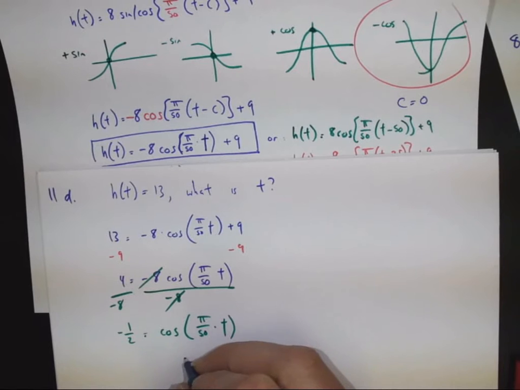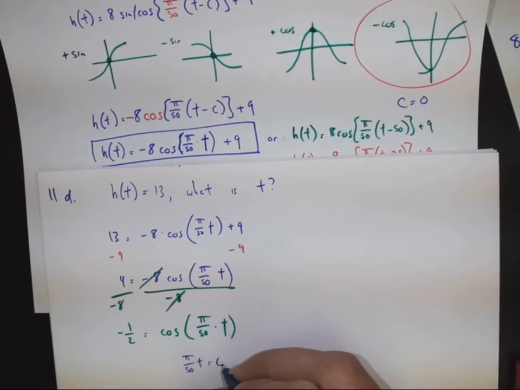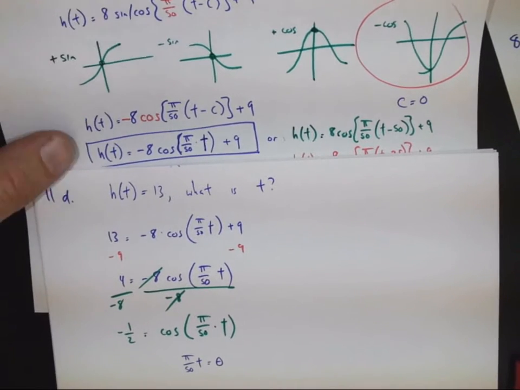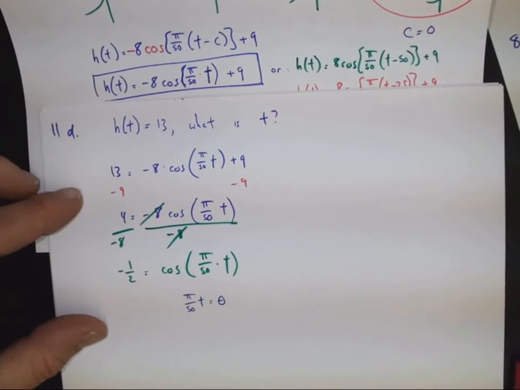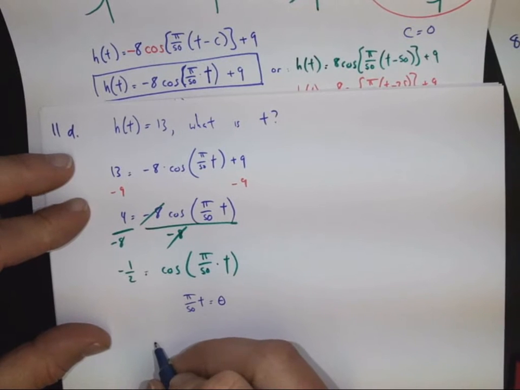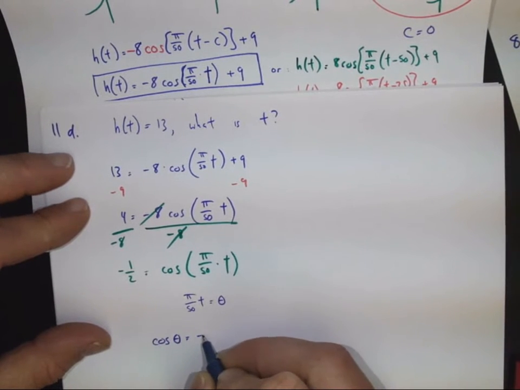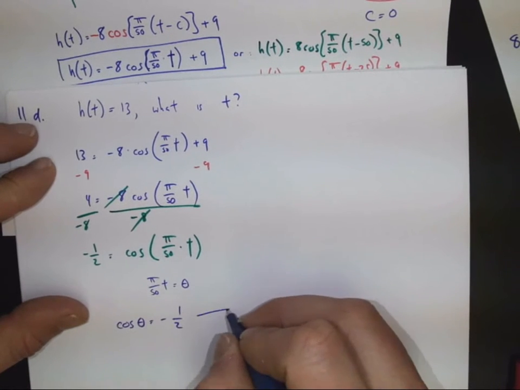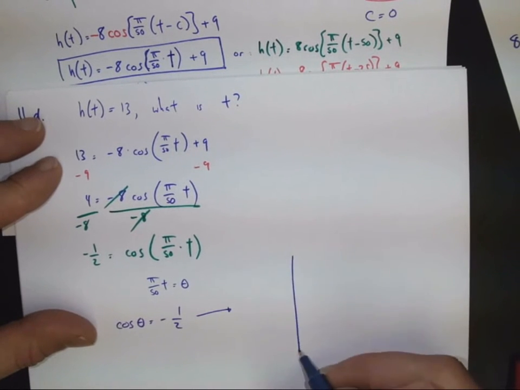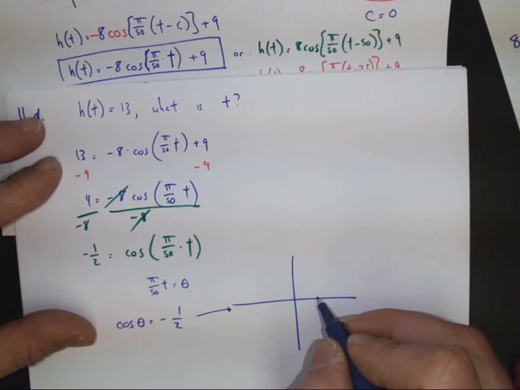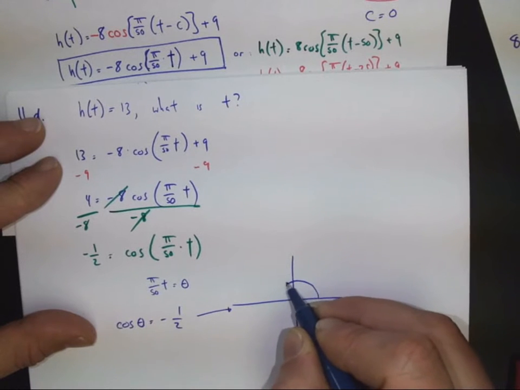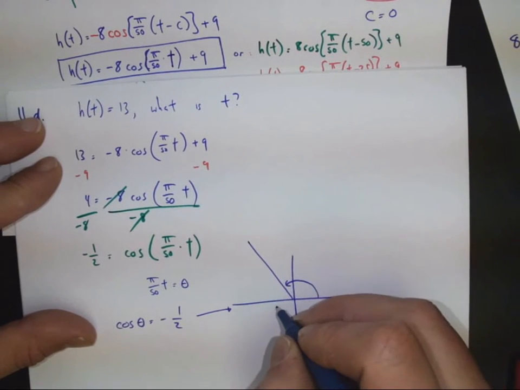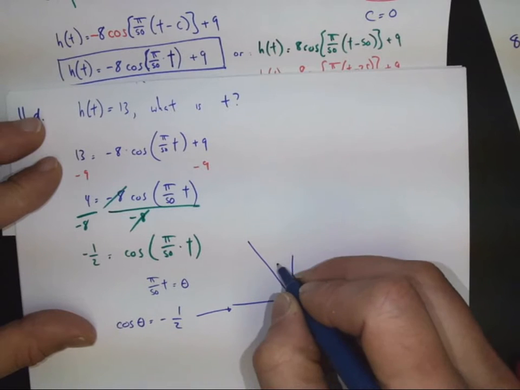It's usually easiest, at this stage, to just imagine it's an angle. t is equal to theta. And we'll solve for theta, and then we'll come back to this. Okay, so cosine theta is equal to negative 1/2. Great, okay. So that could be in quadrants 2 and 3. And now adjacent of negative 1, and hypotenuse of 2.